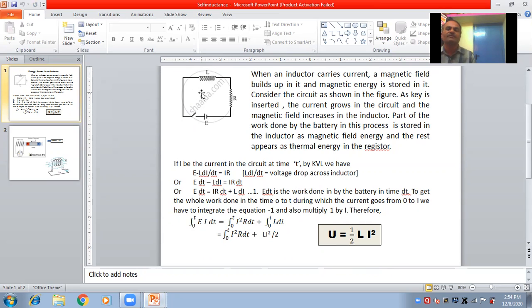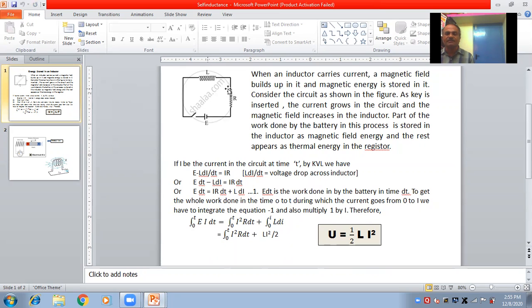This buildup of energy continues until the current becomes maximum in the circuit. Once the key is inserted, the current in the circuit starts growing. Once the maximum amount of magnetic field energy is deposited in the inductor, it no longer stores energy.